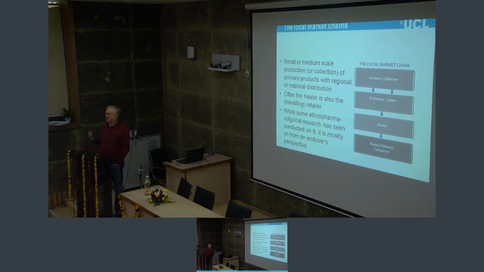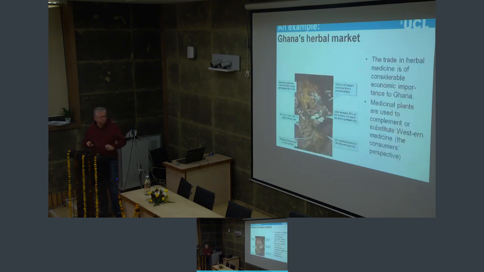It doesn't involve any industrial processing, it's again very simple. There's still some knowledge along the value chain. So these are small or medium-scale productions, very much driven by markets, but mostly local markets.